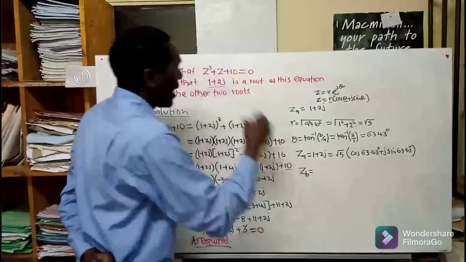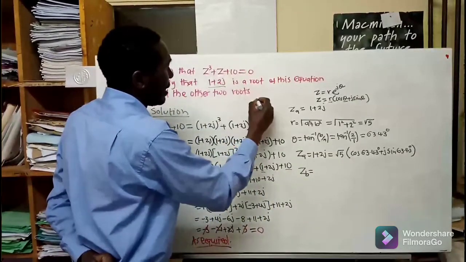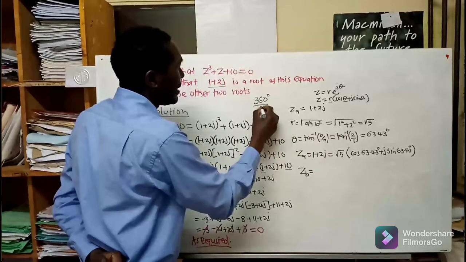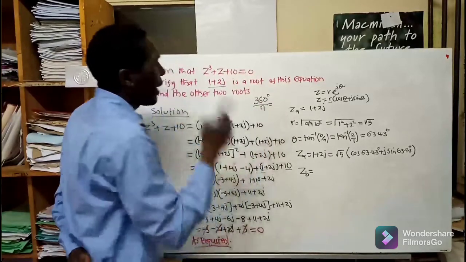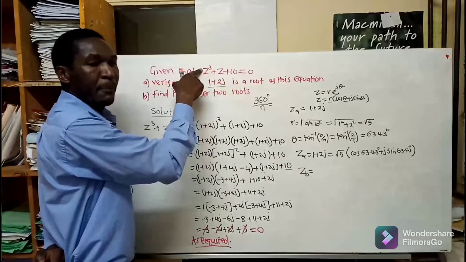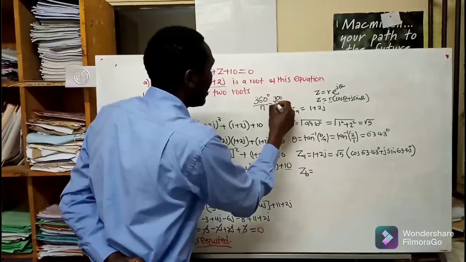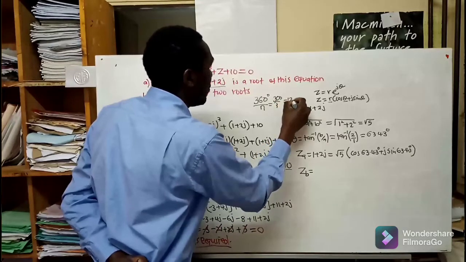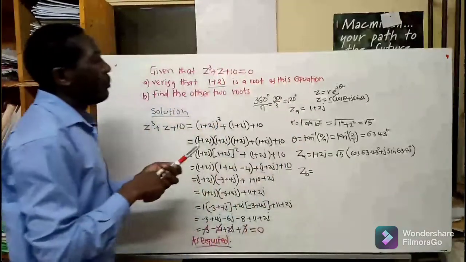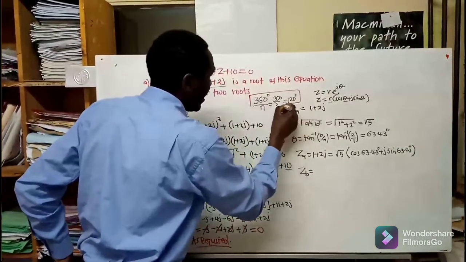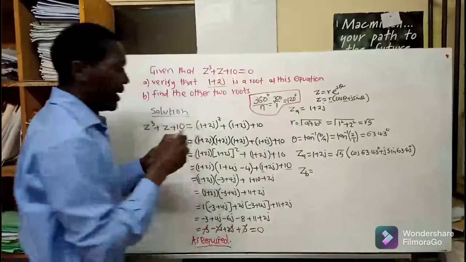Now, because there are going to be 3 roots, they will be separated by 360 degrees divided by n, where n is the largest power of z. So we have 360 divided by 3, which is equal to 120 degrees. There will be 3 complex roots separated by 120 degrees.